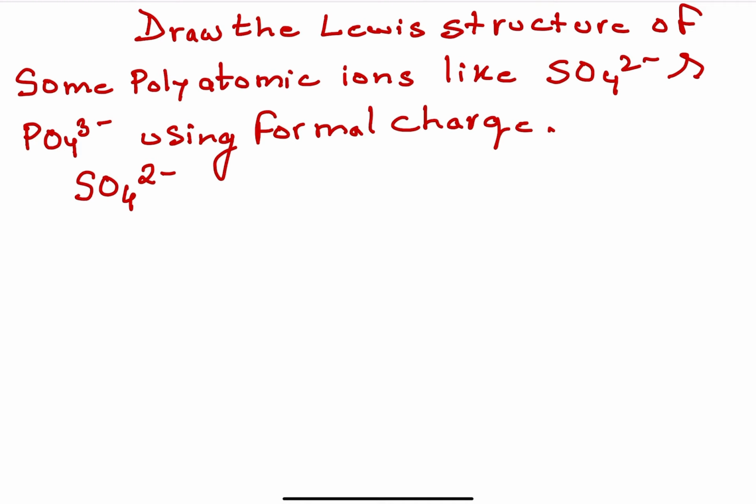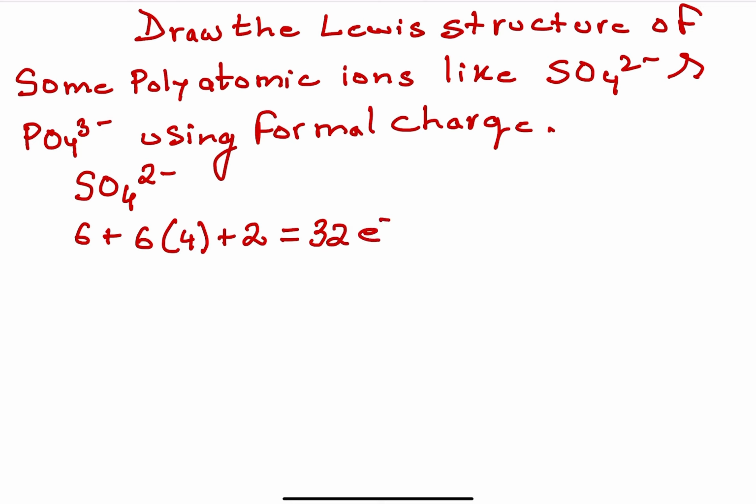Let's count the number of valence electrons of the sulfate ion. 6 for sulfur, plus 6 for each of the 4 oxygens, plus 2 electrons because it has a charge of 2 minus. 6 times 4 is 24, plus 6 is 30, plus 2 is 32 valence electrons.